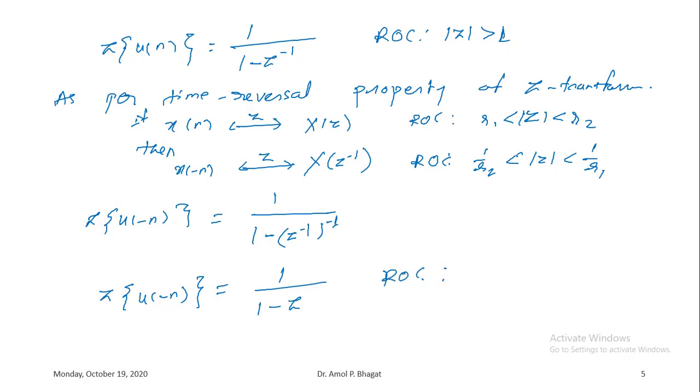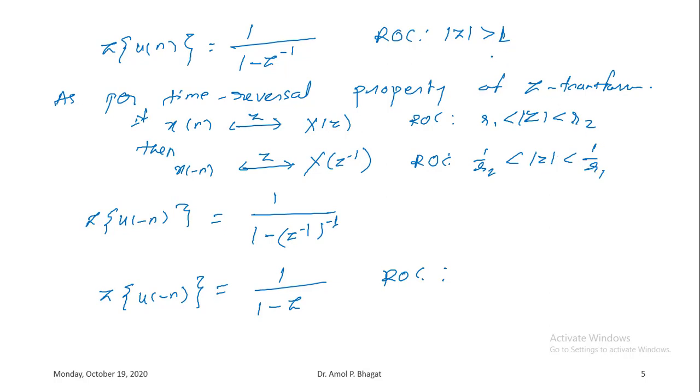The ROC will be as per this condition. Initially R1 was less than mod z, that means mod z was greater than R1. But here R1 has now been sent to the right hand side, so mod z is now less than 1 upon R1.